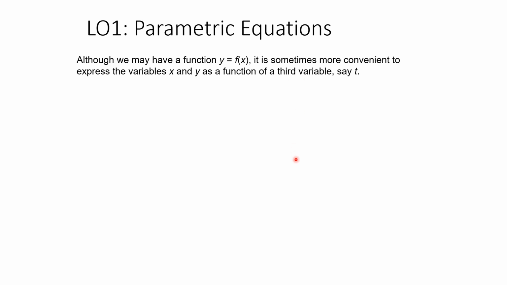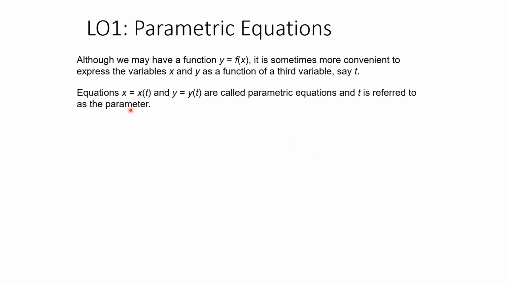So for example, if you have equation x in terms of t and this is y in terms of t, these are called parametric equations simply because x and y are written in terms of a third parameter, which is t.